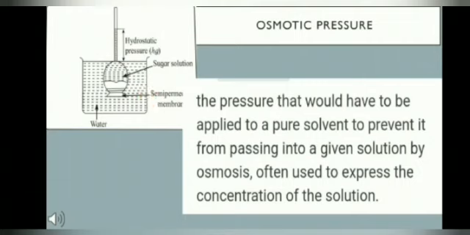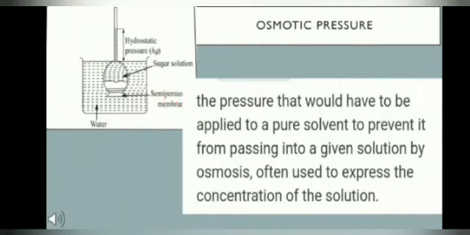Now suppose we take a sugar solution of some concentration and fill it in the thistle funnel. The thistle funnel is then placed in a beaker containing water, in the inverted position. The solvent and solution are separated from each other by a semi-permeable membrane.